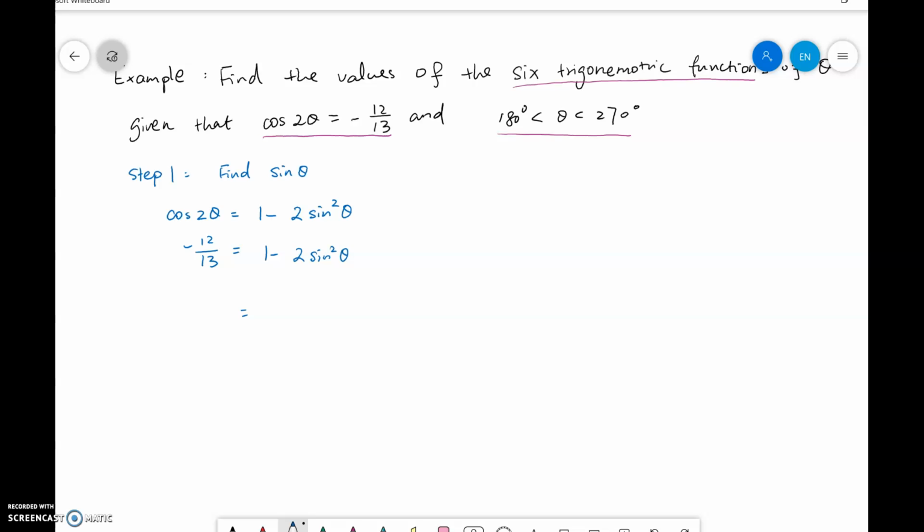Then negative 2 sine squared of theta will equal negative 12 over 13 minus 1, which is negative 25 over 13.